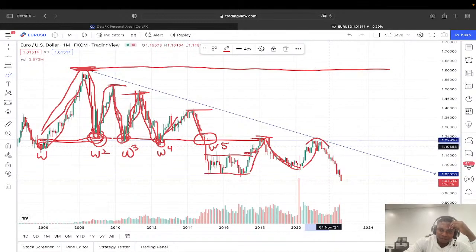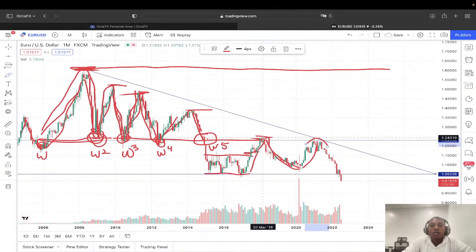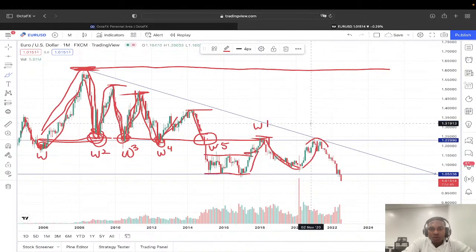to that same level. Now don't forget what I said: the more price keeps touching a particular level, the weaker it is. So this place becomes weakness 1, and this place becomes weakness 2.